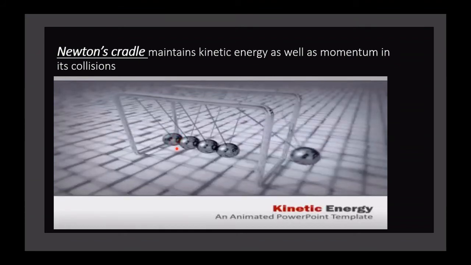When one ball is displaced and released, you see on the other end, one ball is ejected out. So momentum is perfectly conserved. What happens if two balls are displaced from this end? Definitely two balls will be ejected out on the other side. It's a very interesting desktop toy which clearly shows momentum is conserved.